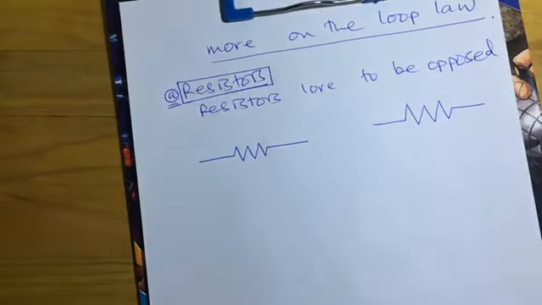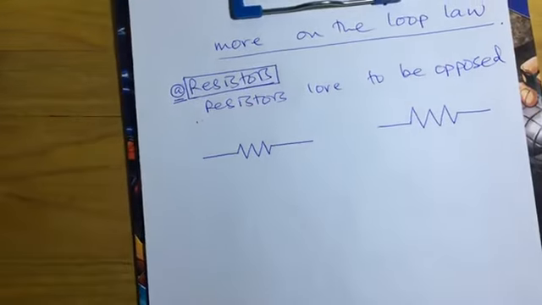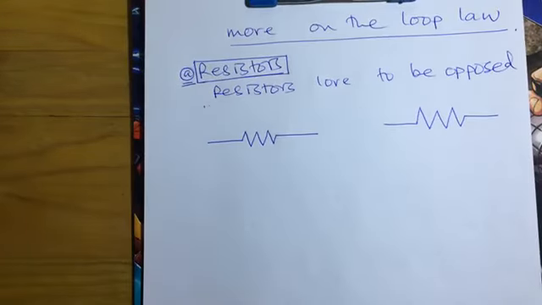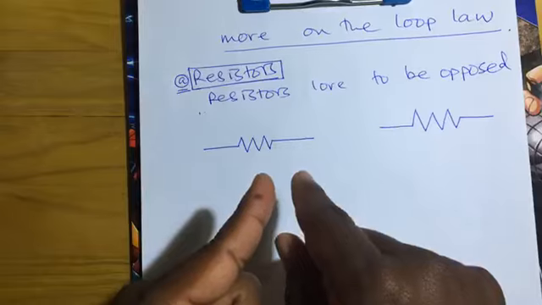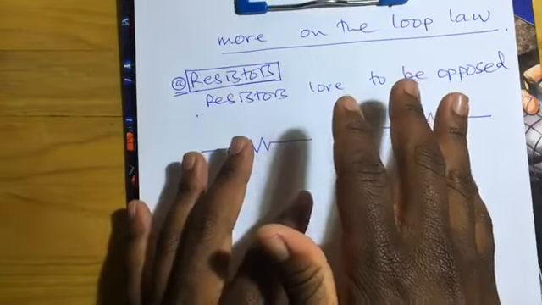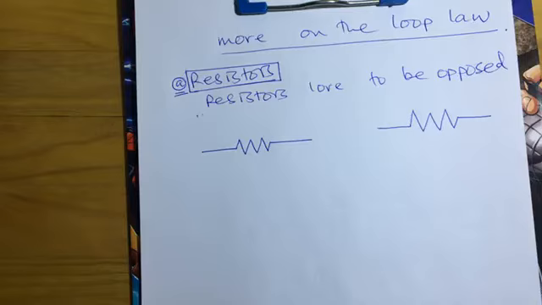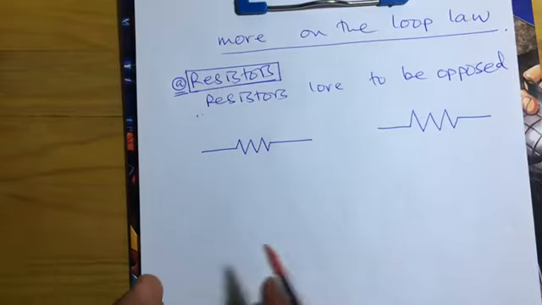Right now, we are talking about a resistor. Two things can happen across a resistor. We can have a loop, and I'll explain what a loop really is when we do a full question.